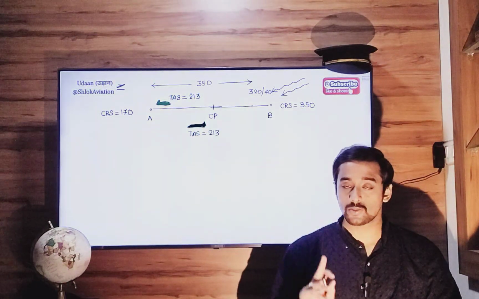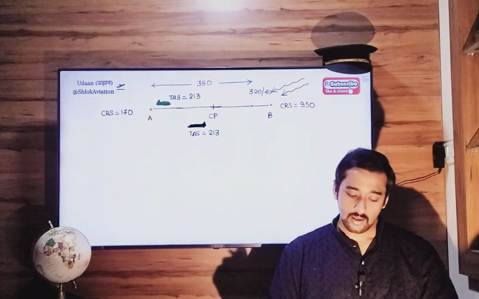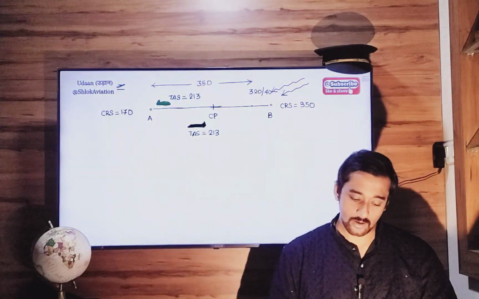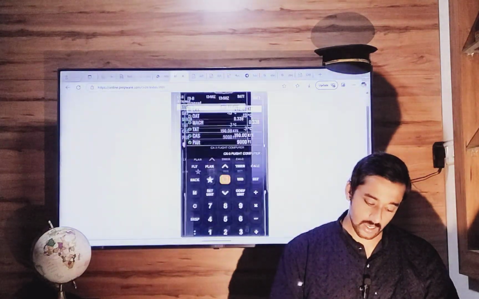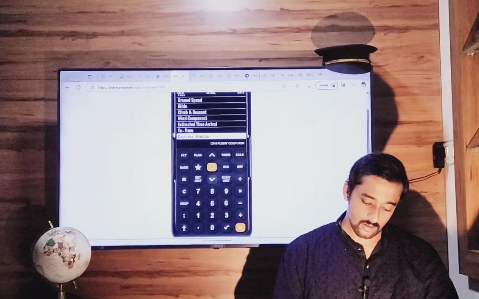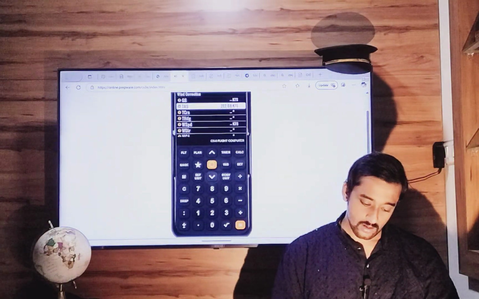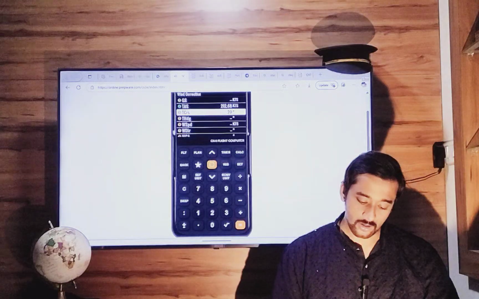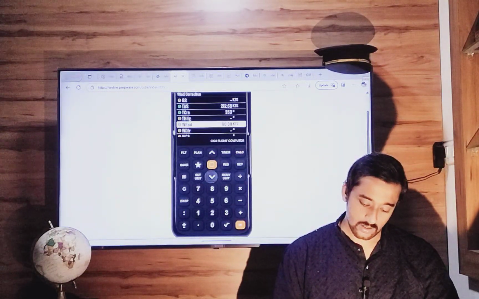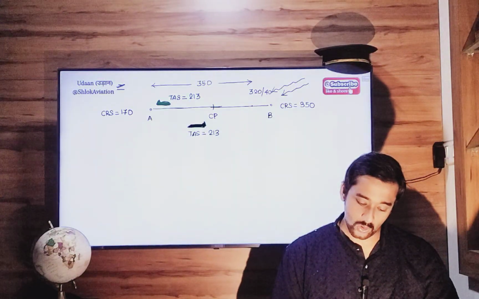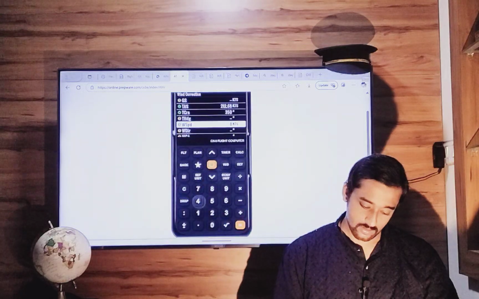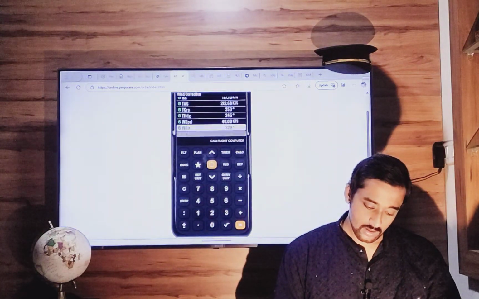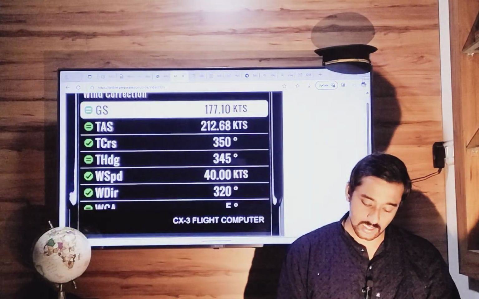Now let's find ground speed outbound and homebound when you put the winds in the equation. So you can use CX3 again. Outbound course 350, winds 320 at 40. So outbound ground speed is 177.